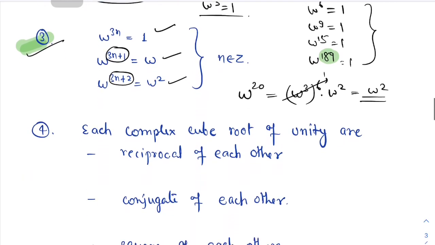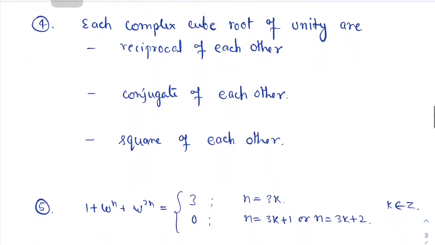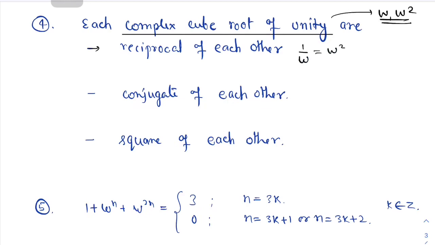Some other properties of this complex cube root of unity. If I am saying complex cube root of unity, it means I am talking about omega and omega square only, because 1 is also a cube root of unity, but that is not complex, that is real. So the first property is omega and omega square are reciprocals of each other. It means 1 by omega is equal to omega square.